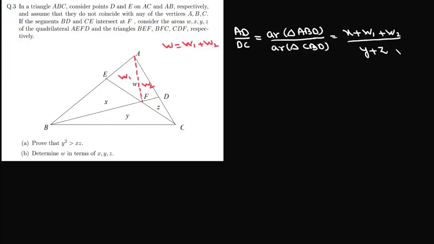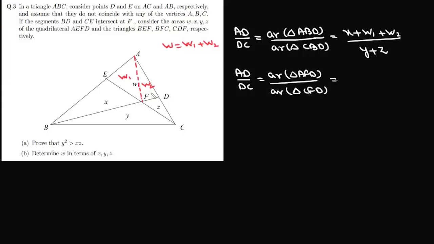upon CBD, which is Y plus Z. Now we can also do this for AD upon DC for these two triangles, AFD and CFD. So this ratio will also be equal to the ratio of areas of triangle AFD upon area of triangle CFD.